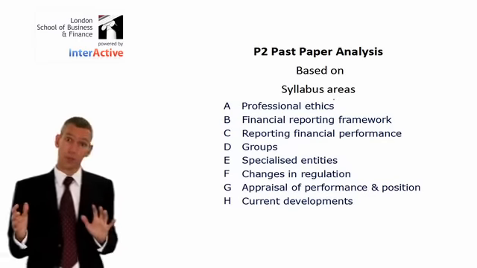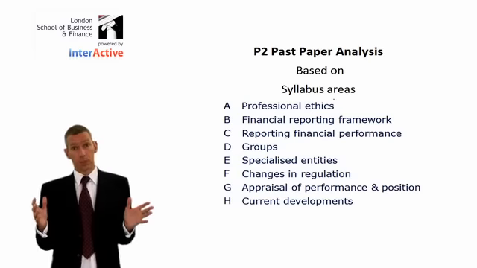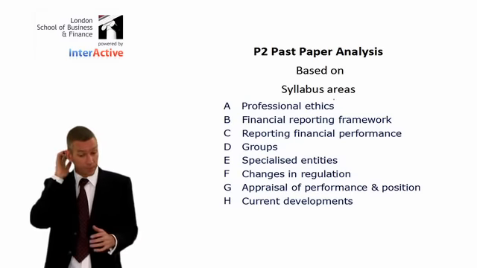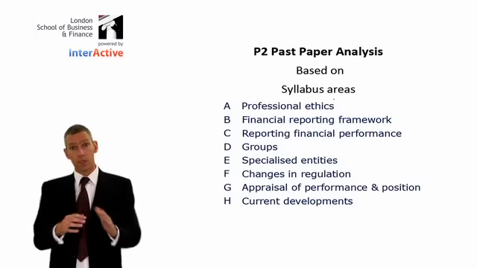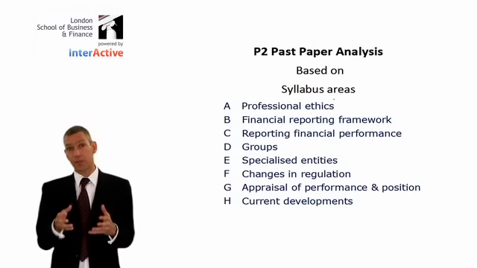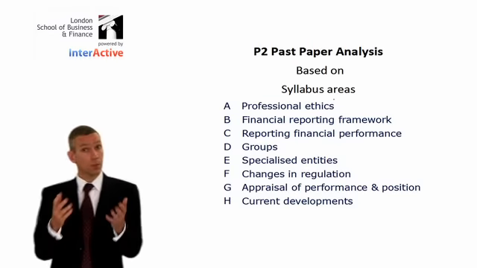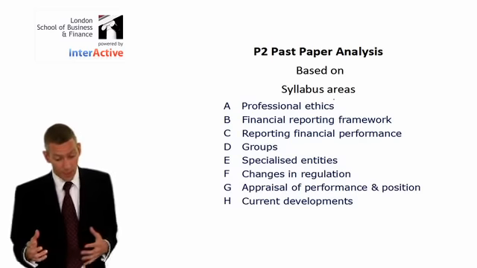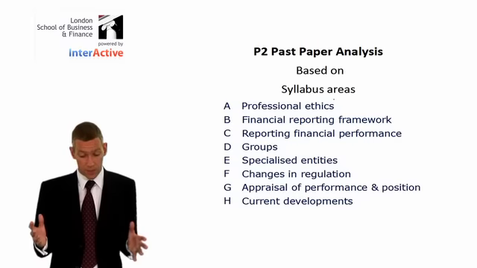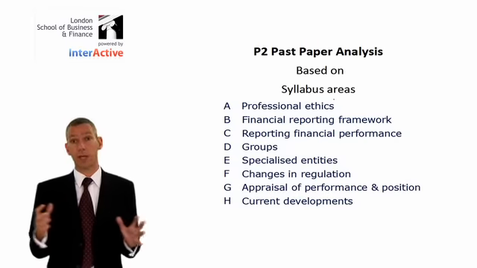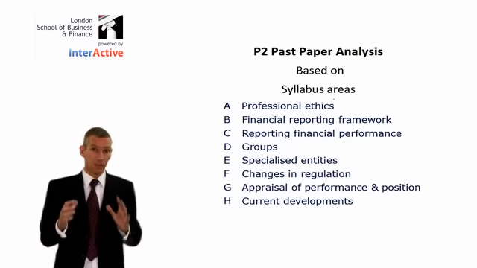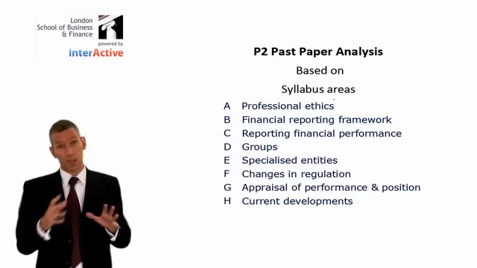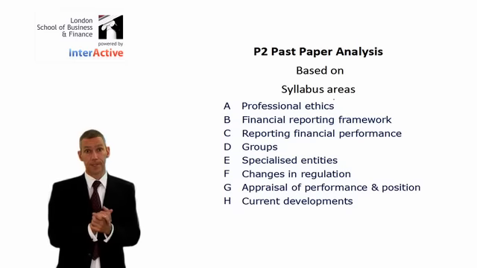That's about the ratio between those two. There isn't really any great meaning, however, in splitting beyond that, because as you can see, every question requires you to use your professional ethics. It requires you to consider the framework. It requires you to consider changes in regulations. It requires you to appraise and analyse. So it's not a compartmentalised syllabus, and that's not really how the examiner sees it.